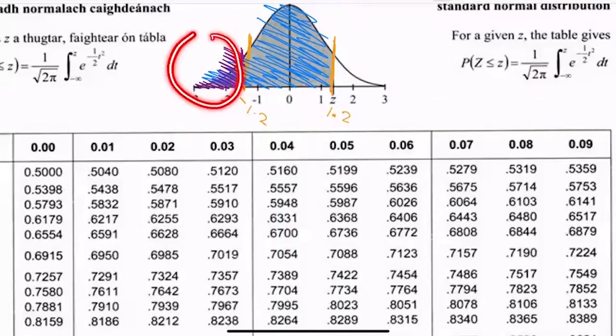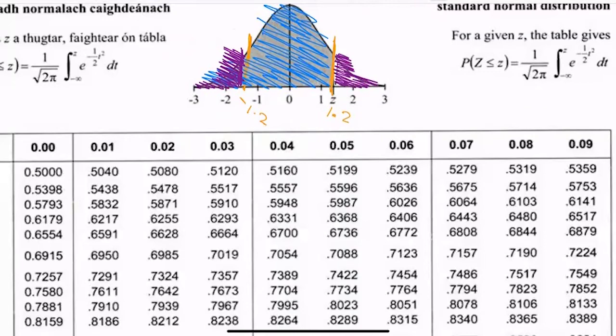I then need to find this little piece here, and subtract it off the blue, and then I'm left with just what's between the orange. So how do I get that piece that I've coloured there in purple? You use symmetry. Can you see that that purple bit is in fact the same as this?